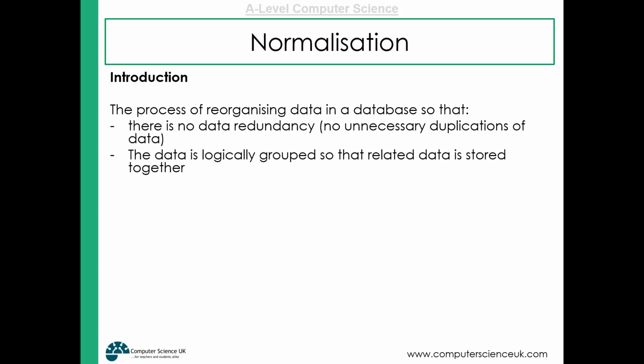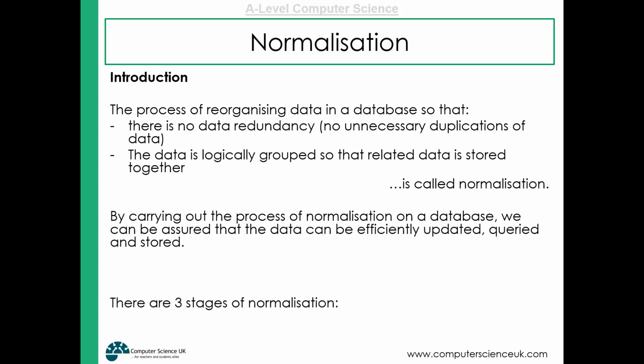So what we had was just one table, so you could argue that there was lots of unnecessary duplication of data, and again, because it was one table, the data wasn't really logically grouped by entity. Okay, so normalization is a process of making sure that these issues don't happen.